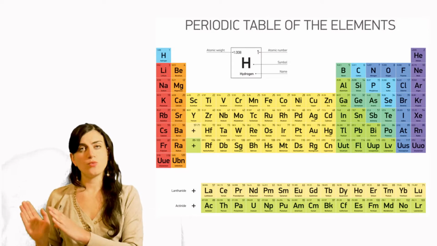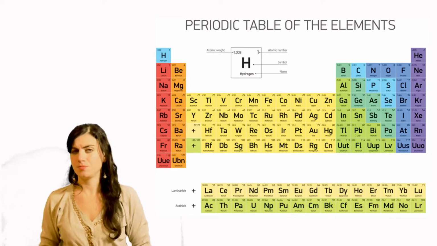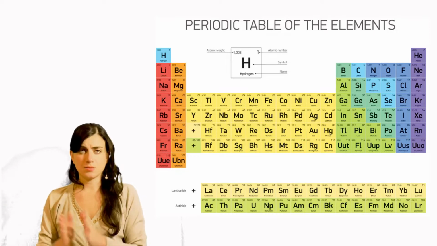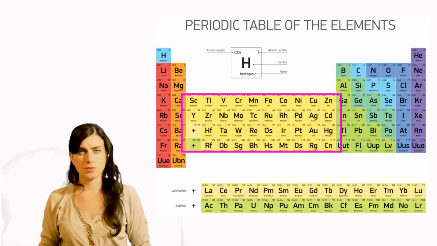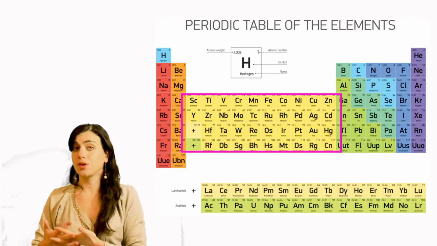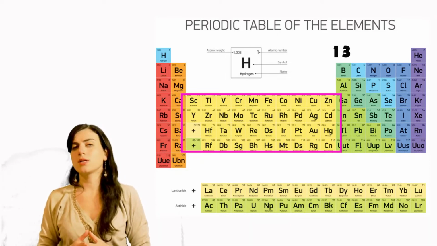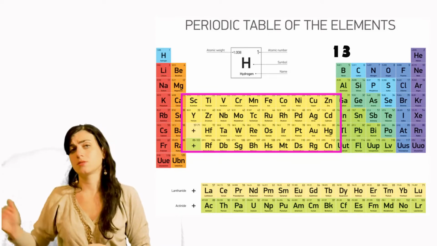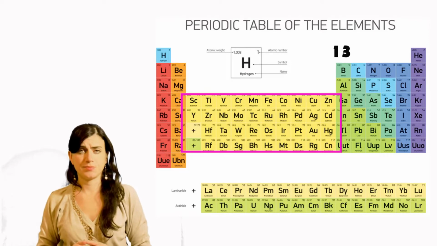Now, if we move on to group 13, since between group 2 and group 13 there are the transition metals, the number is now 13 and not 3. So how do we calculate the number of valence electrons from group 13 to group 18?